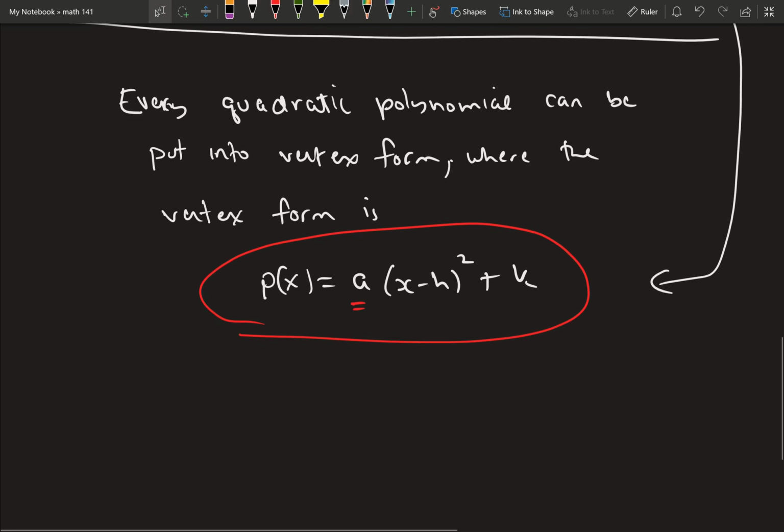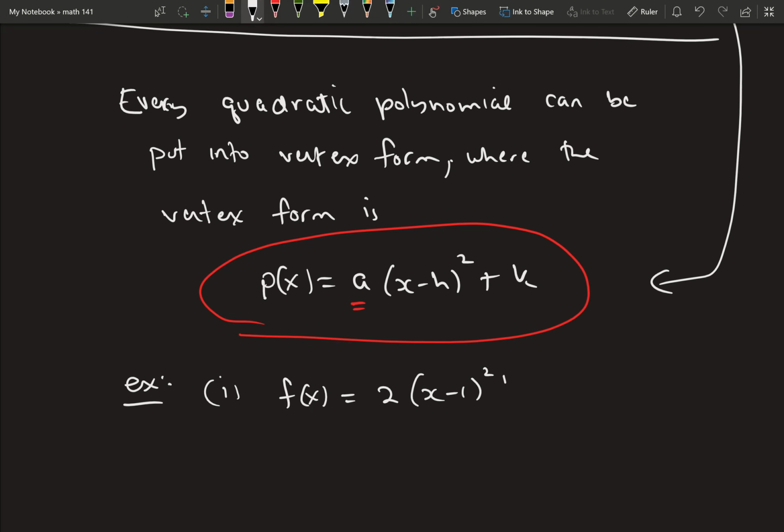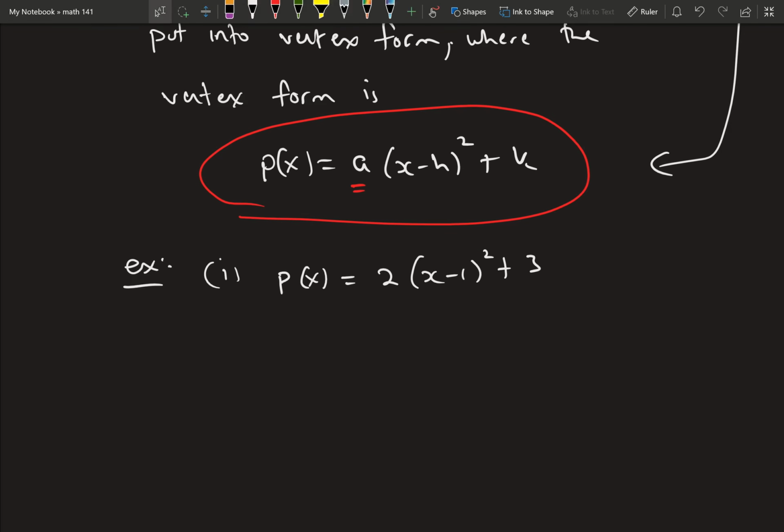So let's do some examples with quadratic polynomials that are already in vertex form. So let's start with the following example. I guess let me use p of x since I've been using p of x. Okay, so first off, what do we want to do here? We want to do several things.